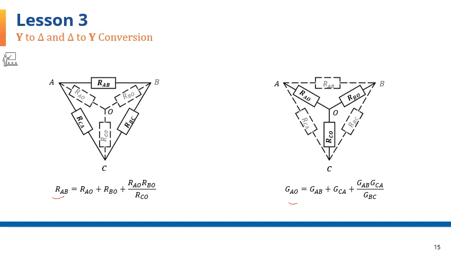So GBO then equals GAB from here plus GBC from here, plus a fraction that has those two multiplied by each other over the third one, which is GCA. And the other one, GCA, is calculated in a similar way.